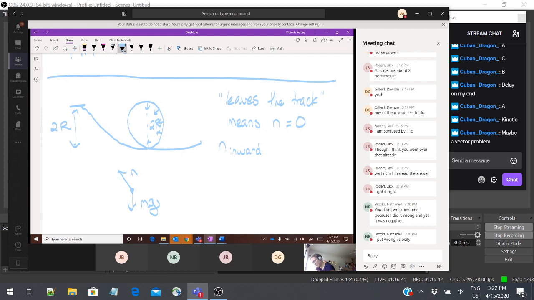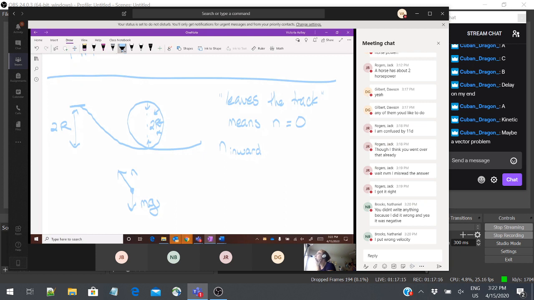This is really challenging. I don't think this is the right way to think about it. N equals 0. Maybe it is 2r. I feel like it's not 2r though. Thinking about this, because there's a way to do this with classical mechanics, but it's a lot harder.